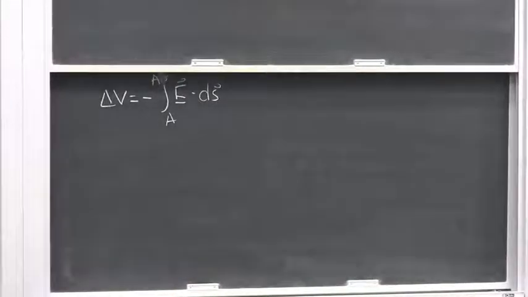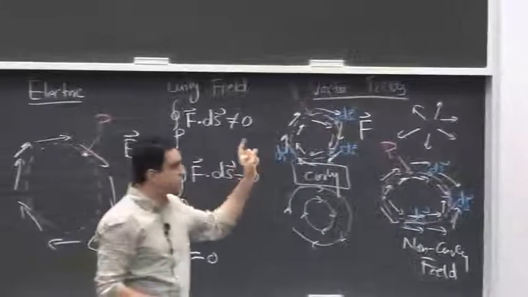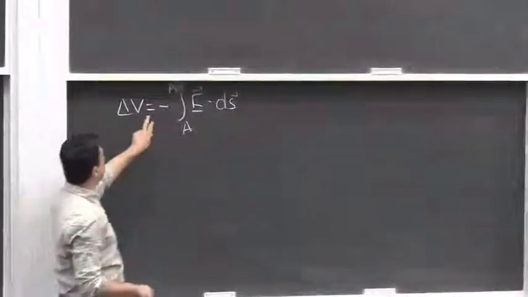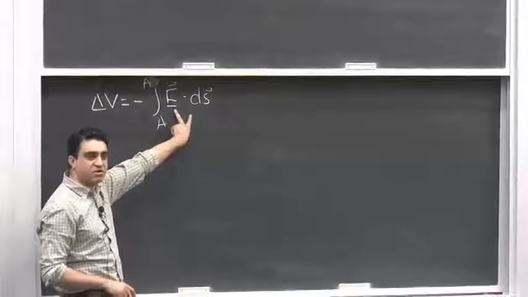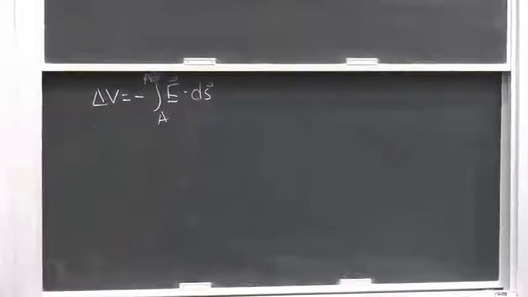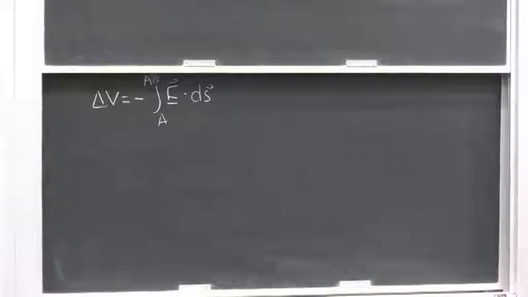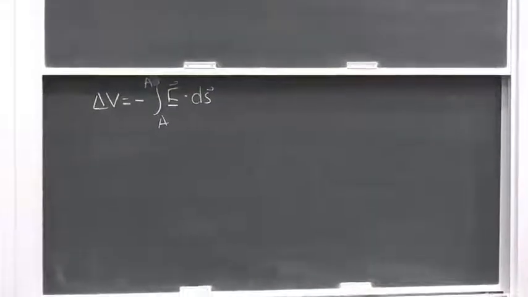If you start from a point and you end up at the same point, we have seen many times that the potential difference should be 0. If this potential difference is 0, it means that this E dot ds would be 0. And so this thing should be equal to 0 for an electric field which is produced by charges.